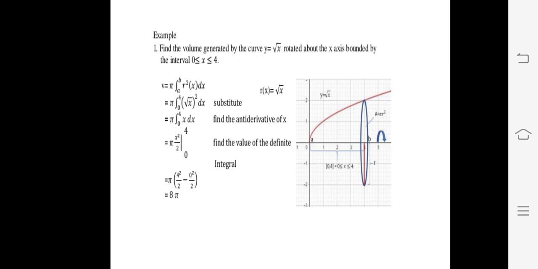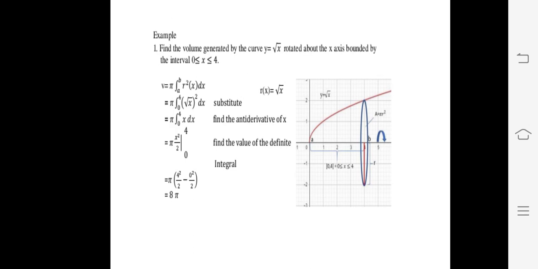Our given is rotated about the x-axis, so we use volume is equal to pi times the integral from a to b of r squared x dx. So copy pi, then our b is 4 and our a is 0.